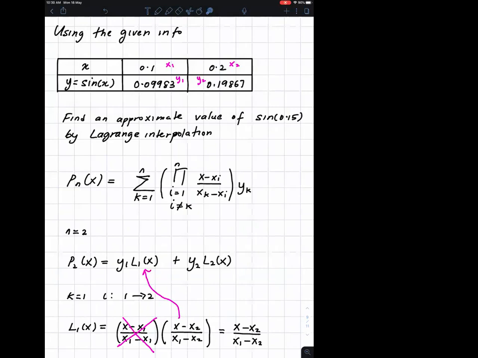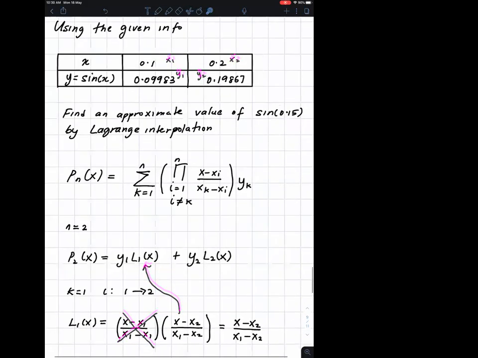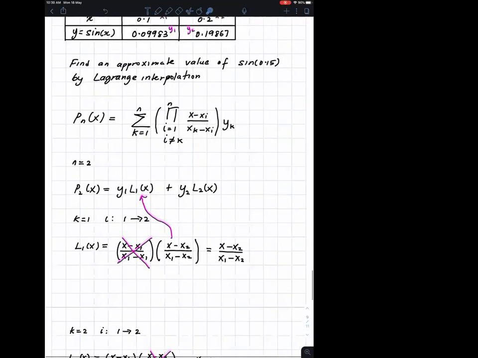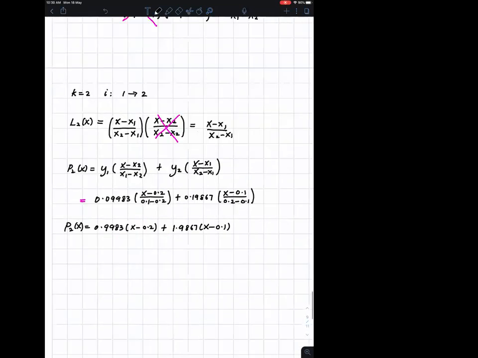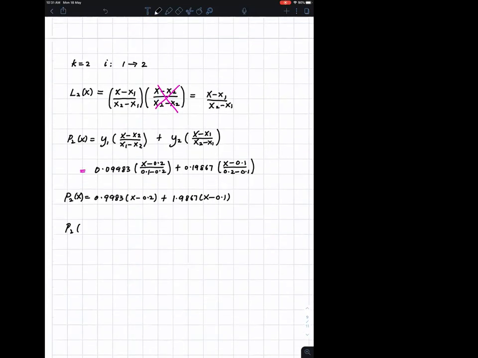In this case, you are told to find the value of sin x when x is 0.15. So 0.15 is in between 0.1 and 0.2. Remember, this is numerical analysis, and this formula is only an approximation. So P2(0.15).